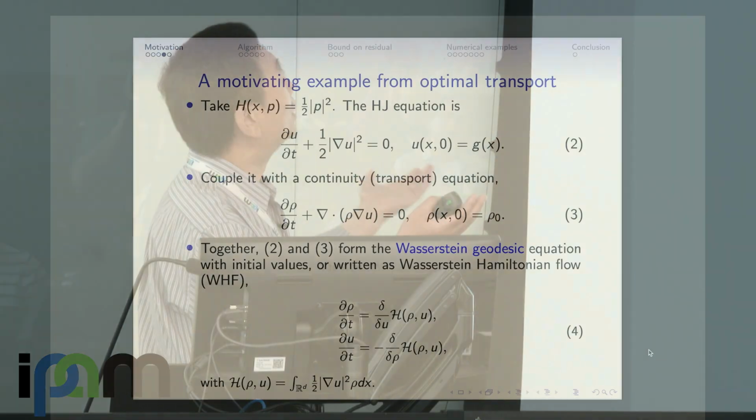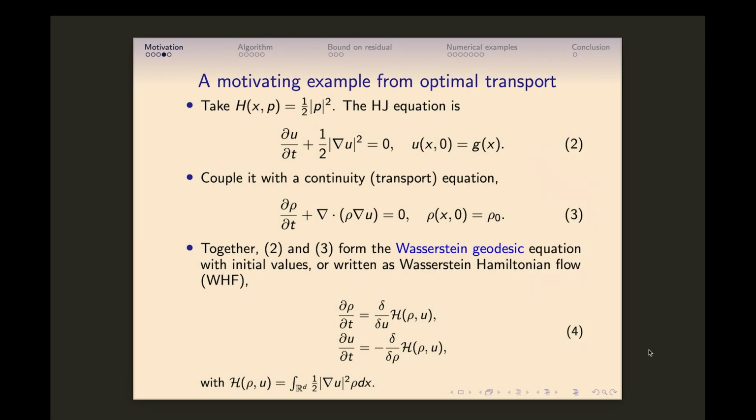So let me use an example, probably duplicated a little bit with Professor Osher's talk, to explain the intrinsic idea behind where we are trying to head, and then I will try to generalize to a broader situation. Let's just say you have the Hamilton-Jacobi equation, the simplest one of them.